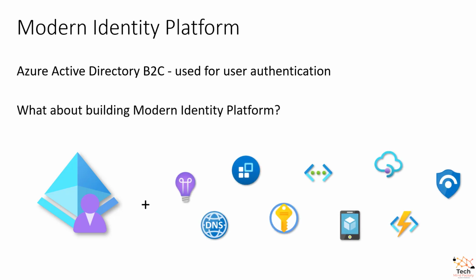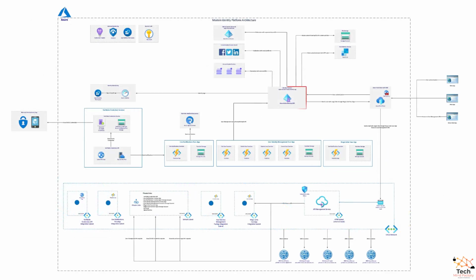So when we talk about building modern identity platform on the Azure Cloud, we talk obviously about Azure Active Directory B2C, which is, I would say, the heart of the whole solution, but also we can leverage all other services available in the Azure Cloud to build such modern identity platform. So let me show you the solution architecture diagram.